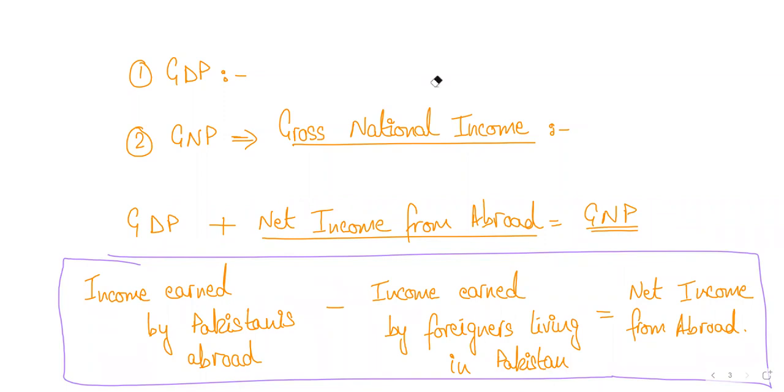Students, do understand, I'm about to write down the definition of GNP. So GNP is gross national product, and gross national product only includes the incomes of Pakistani nationals.